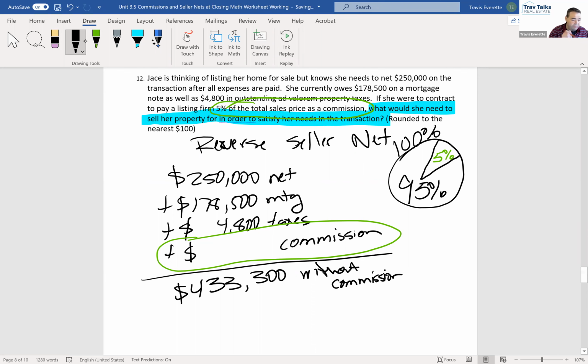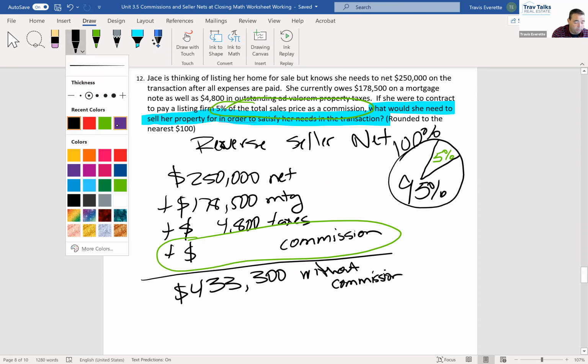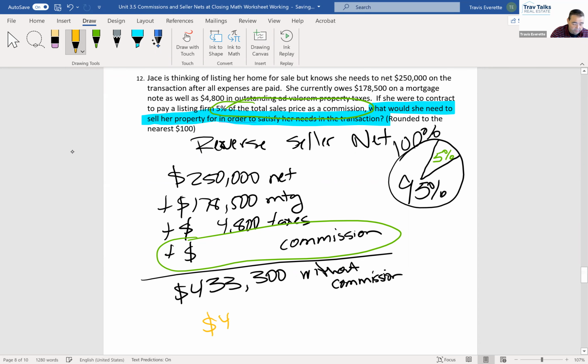And here's the final math step. Honestly, it's one of those things when you're doing a reverse seller net, I think you just need to memorize this step. For a reverse seller net question, what you're going to do is take that number that we totaled up earlier, the 433,300, and you're going to divide it by whatever the seller was left with after they divided the pie.